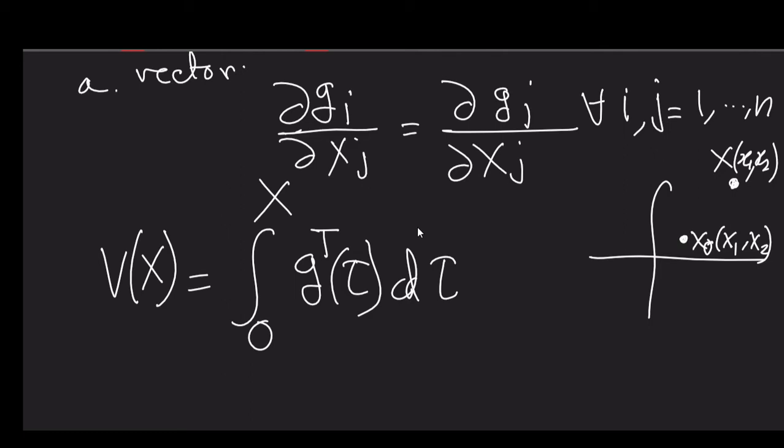The state trajectory will traverse in this way. But while evaluating this integration, if the gradient satisfies this symmetry, it will become independent of the path we follow to reach from initial to final.